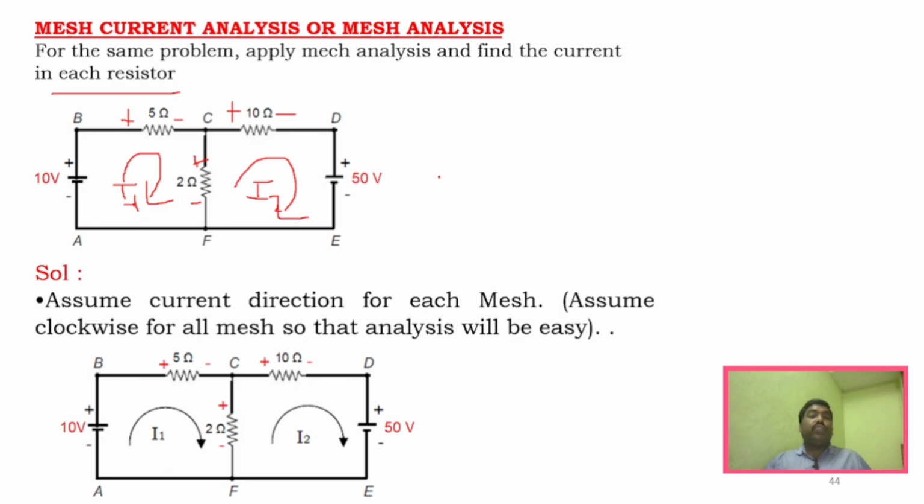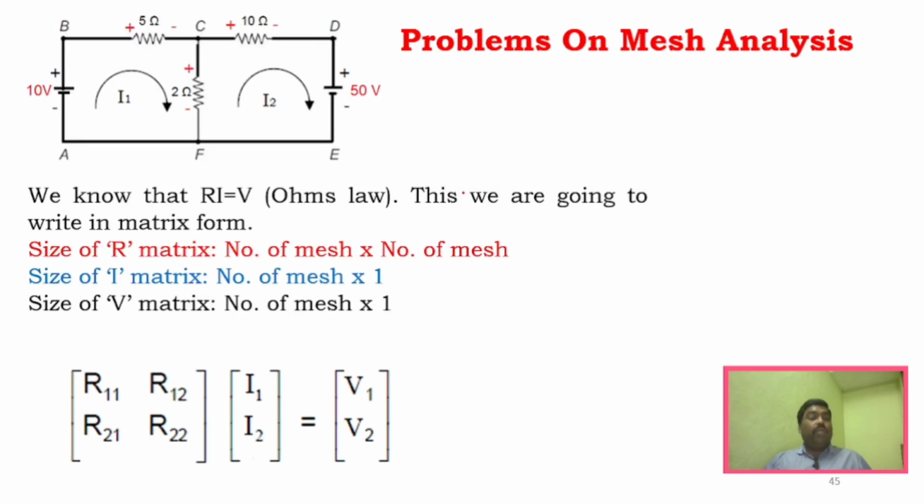So what are the rules for the matrix method? The formula is the same Ohm's law, V equals IR, but we are going to write this in matrix form. In matrix form, we have resistor, current and voltage. For the resistor, it is number of mesh into number of mesh.